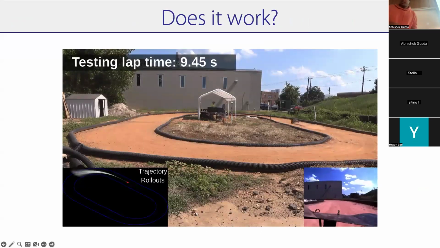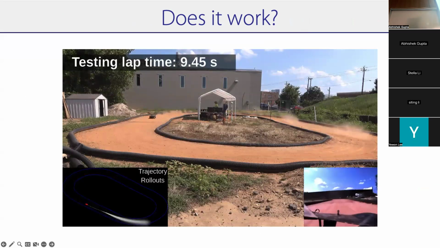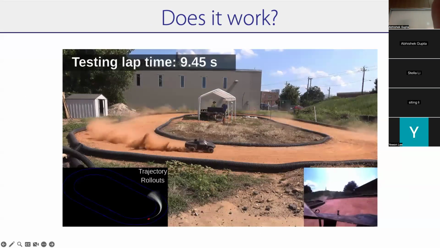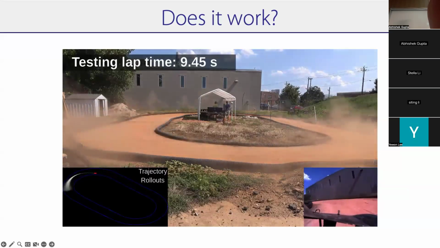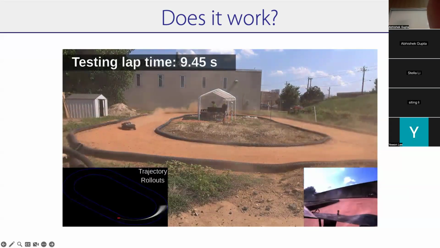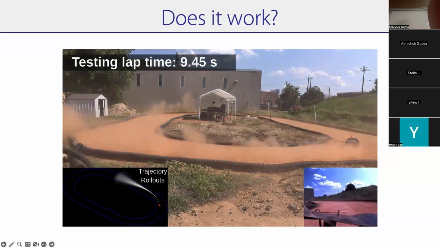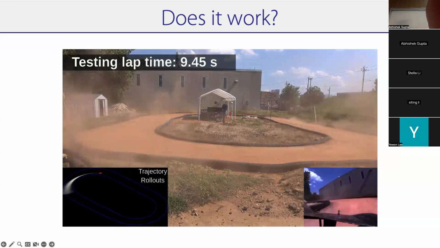Here are some nice examples from Byron and friends. There are nicer examples from his newer experiments, but this is one I find compelling. They had this dirt track, which is obviously really hard to model. They used basically a version of MPPI on this, and it works pretty well. I think they drove around the track a few times to build the model, and then they did planning with it.